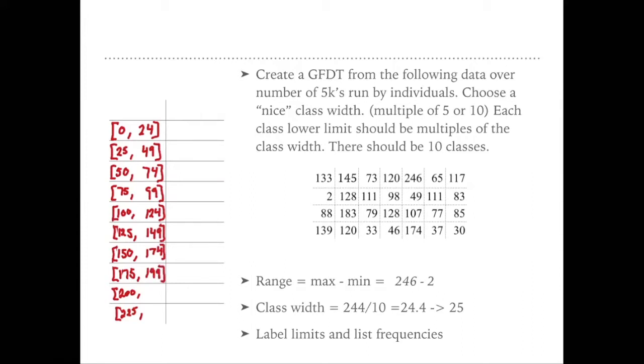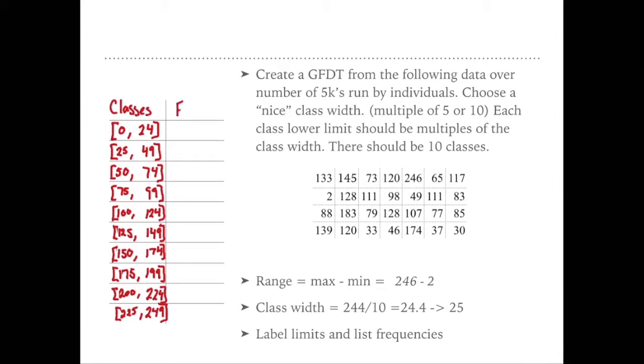And here, having a nice class width being a multiple of 5 kind of helps, because we all know our multiples of 25 fairly well. It's fairly easy to count by 25 compared to counting by 23 or something like that. So we'd have all of our classes listed.